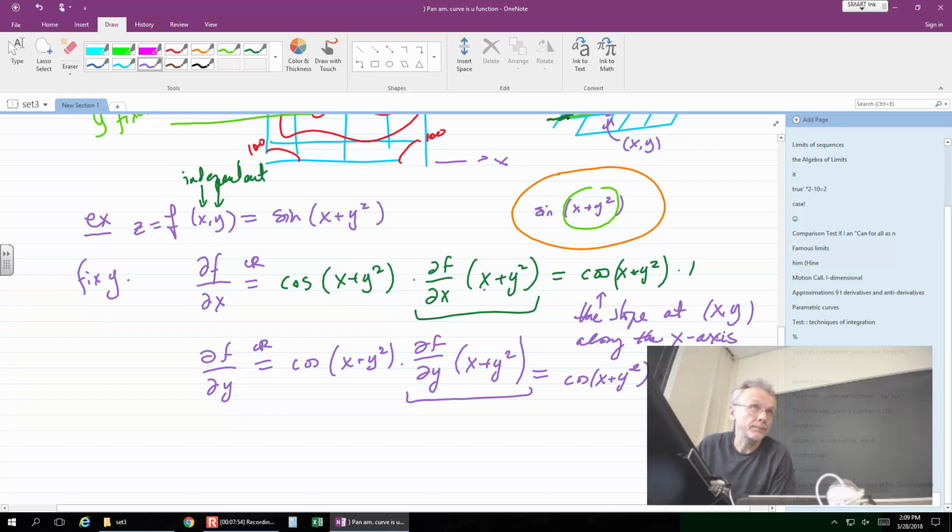X is fixed. So once again, x is fixed, it does not vary. It means it's a constant. And derivative of a constant is 0, so what do I get? 2y. Okay, derivative of x is 0, derivative of y squared with respect to y is 2y.